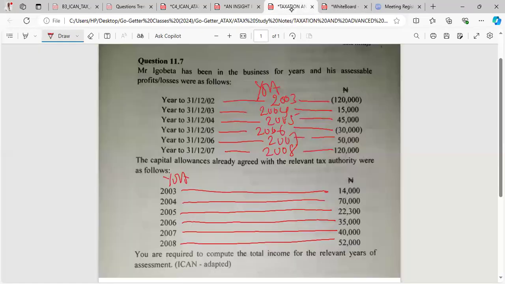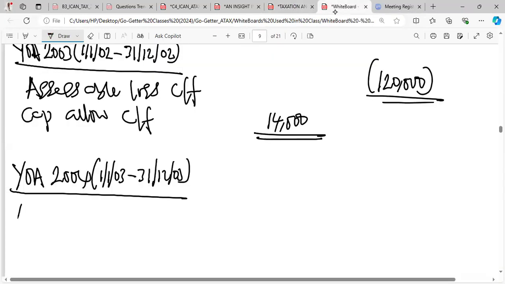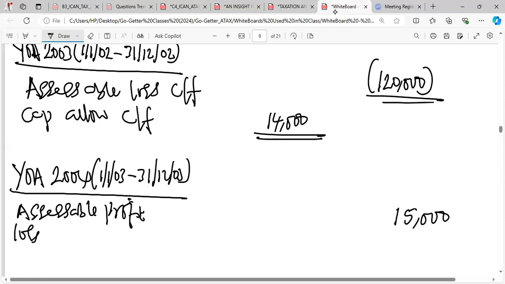We have accessible profit of 15,000. Loss brought forward.